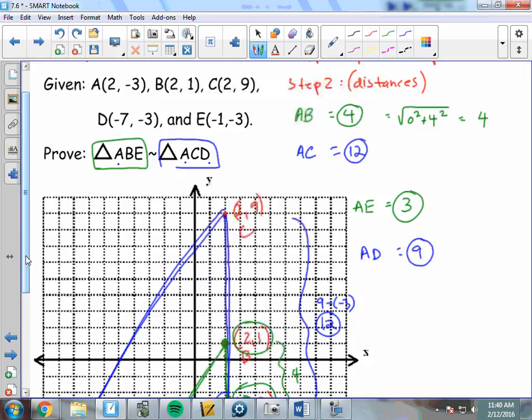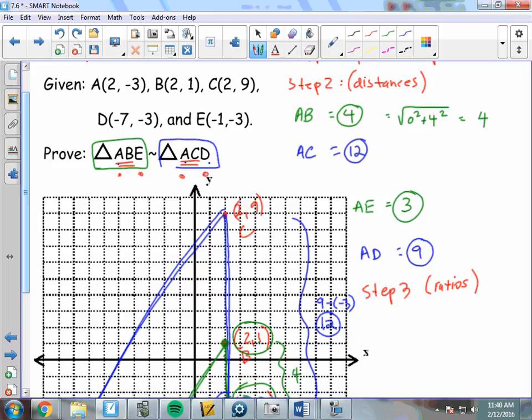So now, I've taken care of steps 1 and 2, and I'm going to figure out if I have the same ratios. So step 3 is check your ratios. All right, what I mean by that is I'm going to look at AB, and again, I'm looking at the name here. I'm looking at AB over AC and checking if it's the same as AE over AD.